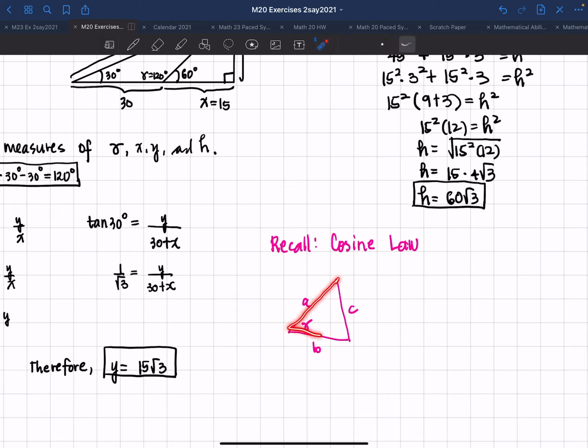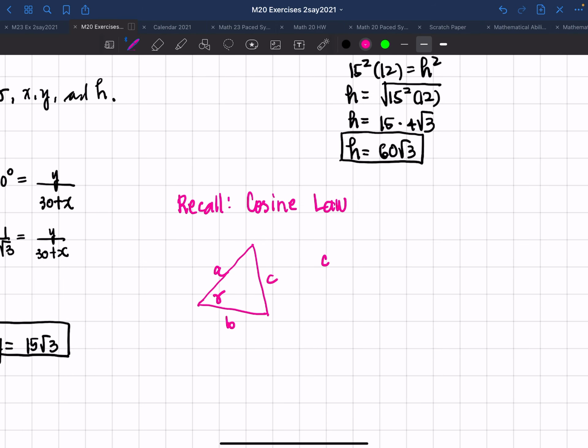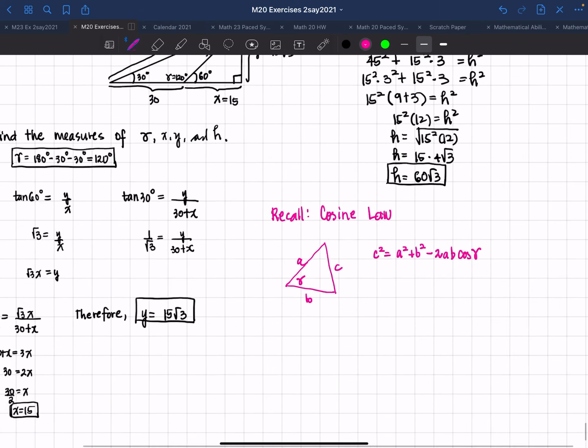So, meron kang two sides, tapos yung included angle, meron ka. Makukuha mo yung opposite side, C. So, C squared is equal to A squared plus B squared minus twice ng product nila and then cosine nung gamma.